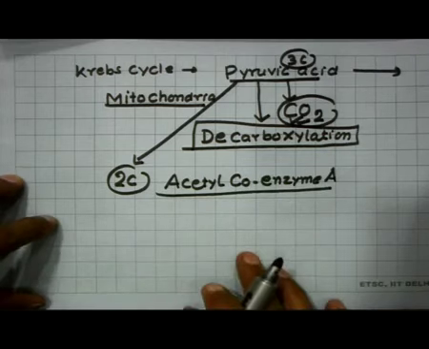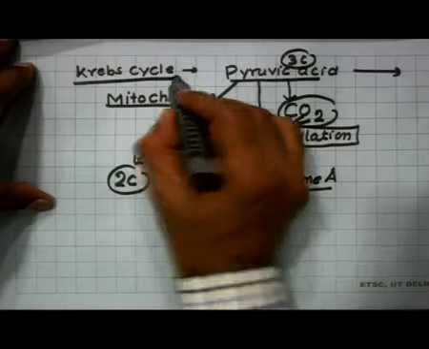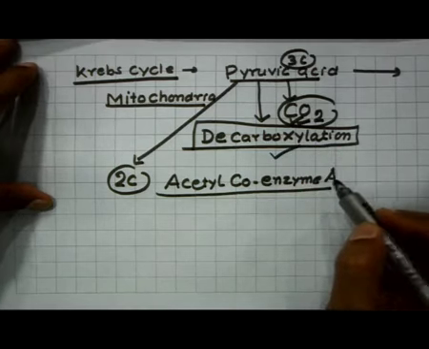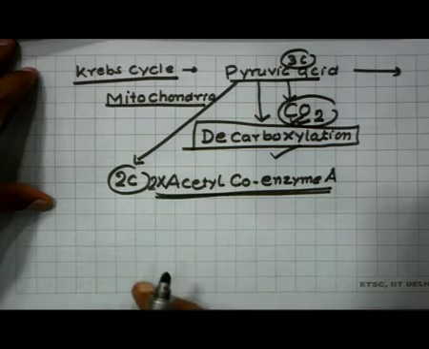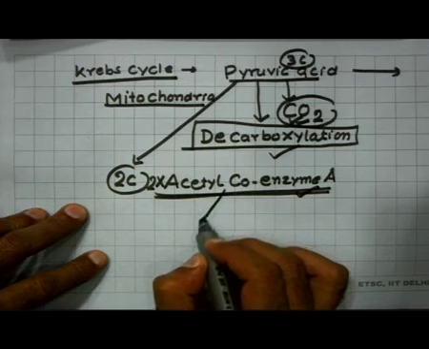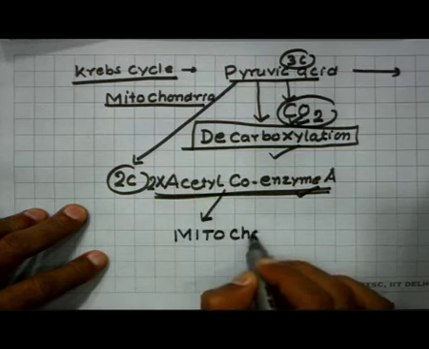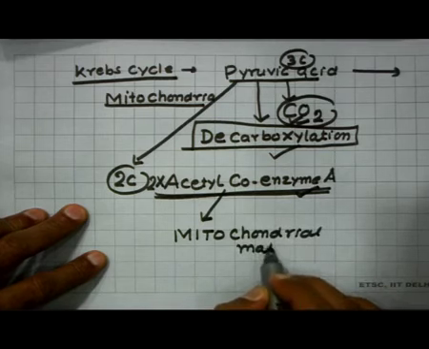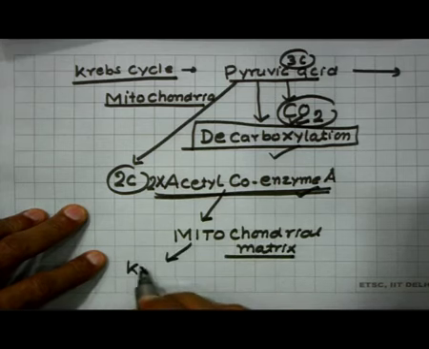So, before participating in the Krebs cycle, the pyruvic acid undergoes decarboxylation, and the 2 molecules of acetyl coenzyme A are now able to enter the mitochondrial matrix, where the further reactions of the Krebs cycle take place.